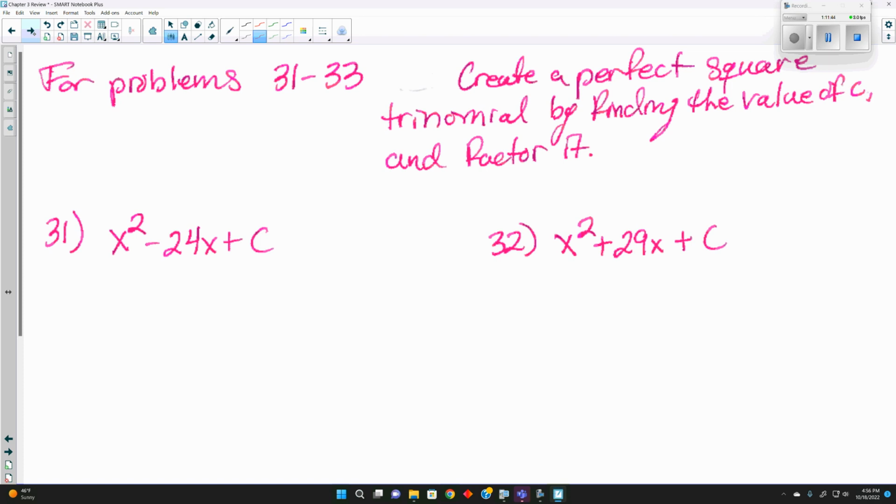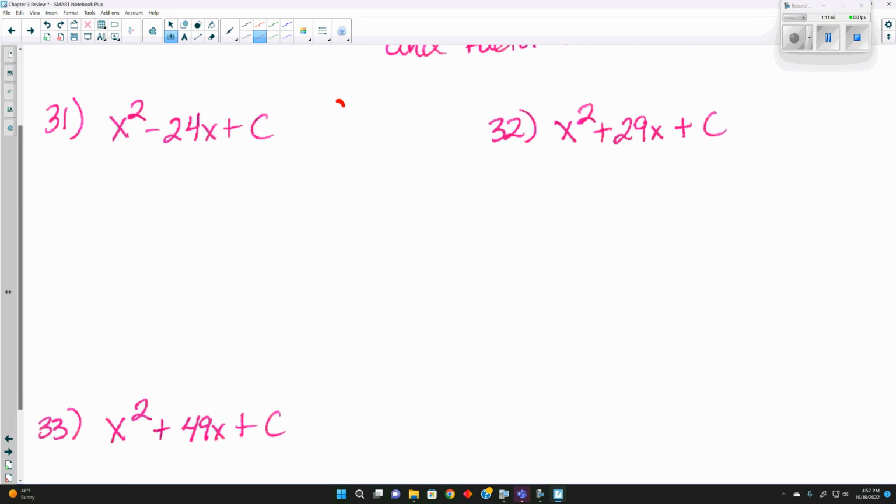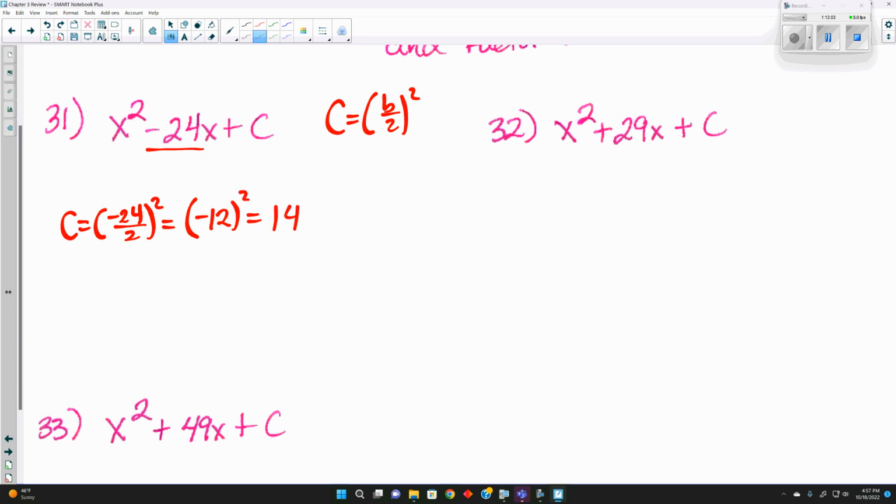Let's look at the next part. It's finding the value of c and factoring it. Well, c for any of these here is b over 2 squared. So we're taking the b value. Here, negative 24. C is equal to negative 24 over 2 squared. Well, negative 24 divided by 2 is negative 12, and negative 12 squared is 144.